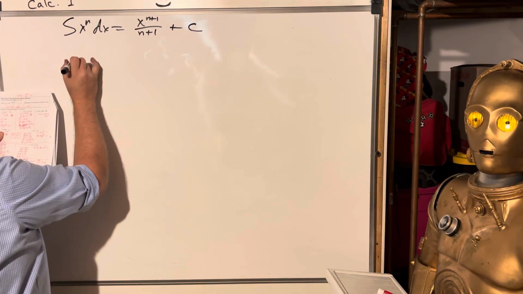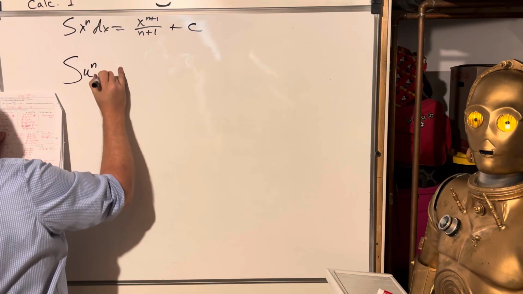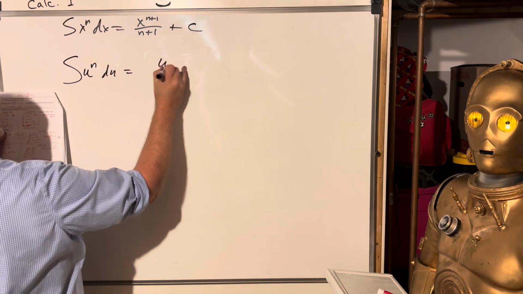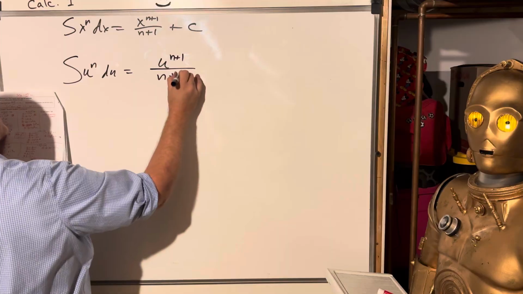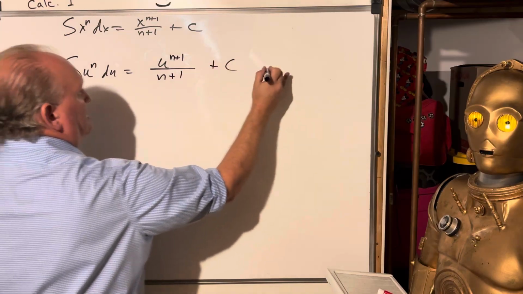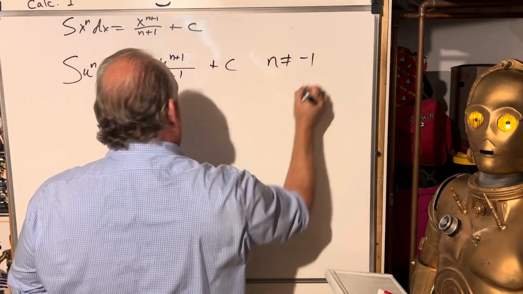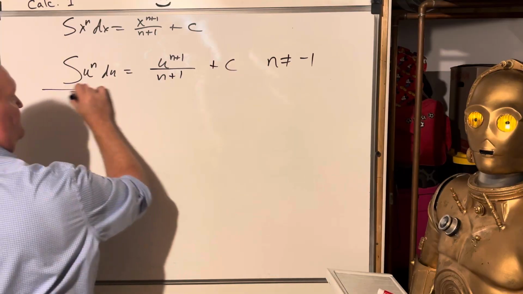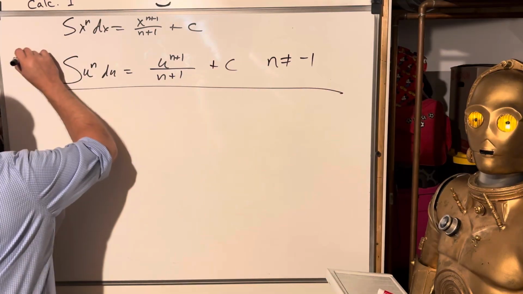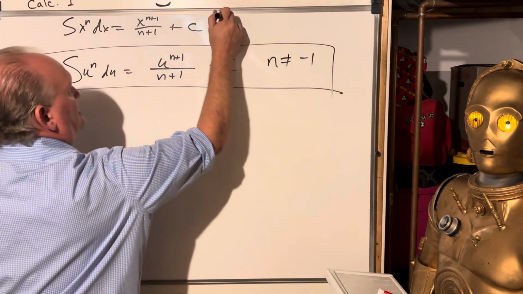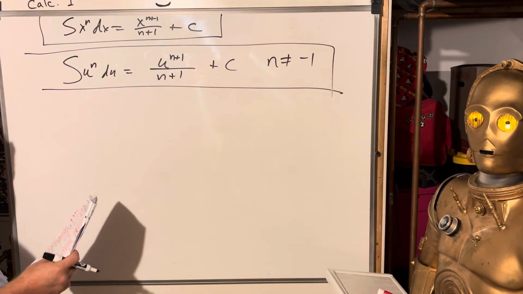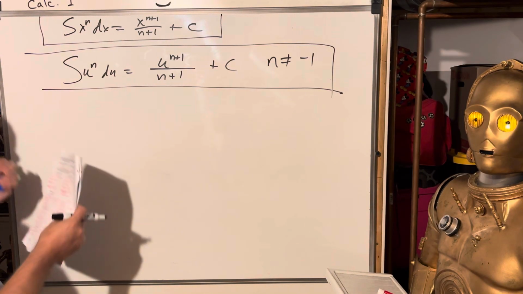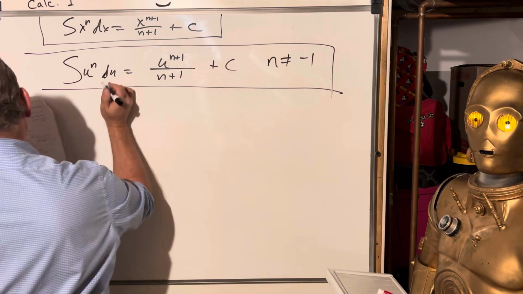And in the line here, what's going on when we integrate u? That is u to the n plus 1 over n plus 1 plus c, and n cannot equal negative 1. So that's really just the same as this equation. We're just replacing the x's with u's and du's. So we know we're doing u substitution.